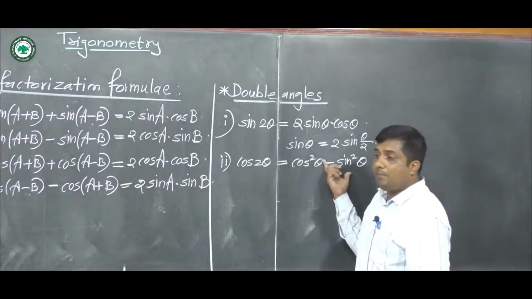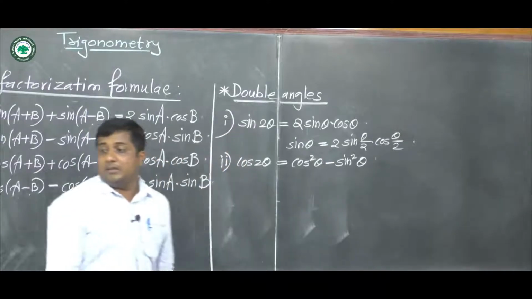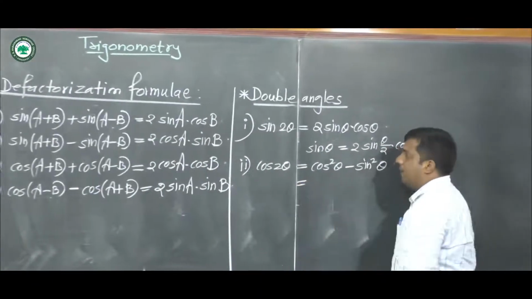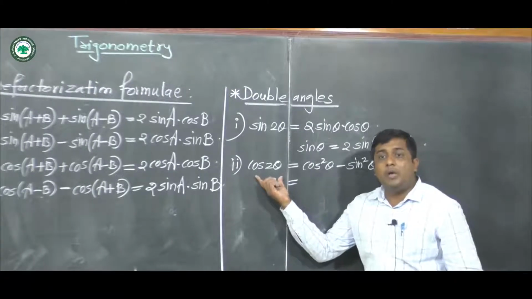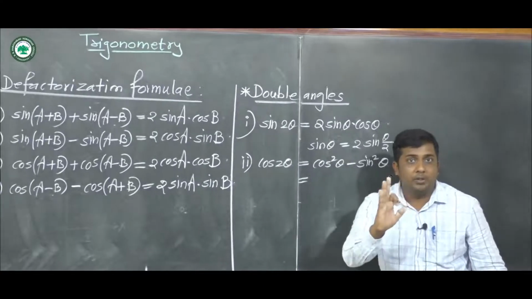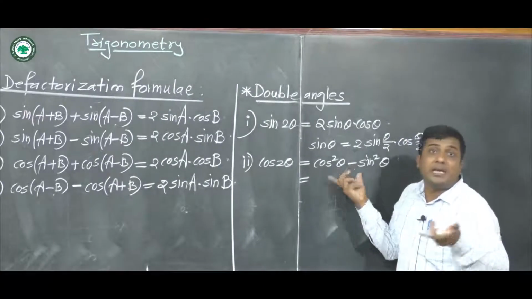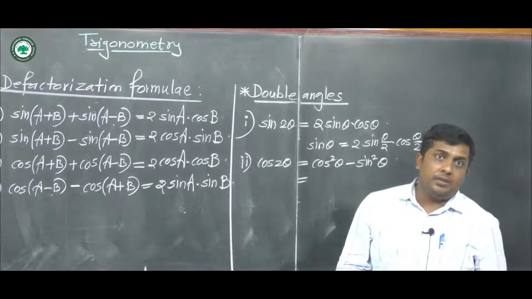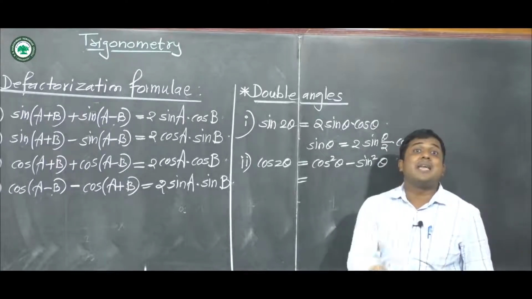Cos square theta minus sin square theta. Then for cos 2 theta we have 3 formulae. In the first, sine and cosine are given. Then in the second, we consider cosine only, then in the third we consider sine only.